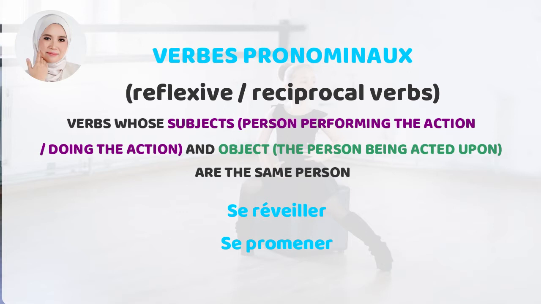And how do I know these two verbs are verb pronominal? It is the verb pronominal when it is constructed with se. And obviously here, se réveiller and se promener are constructed with se.